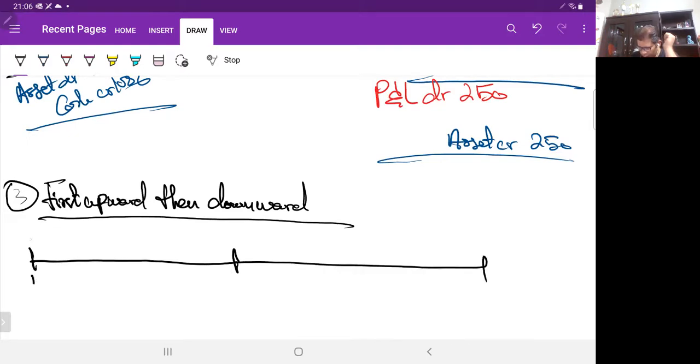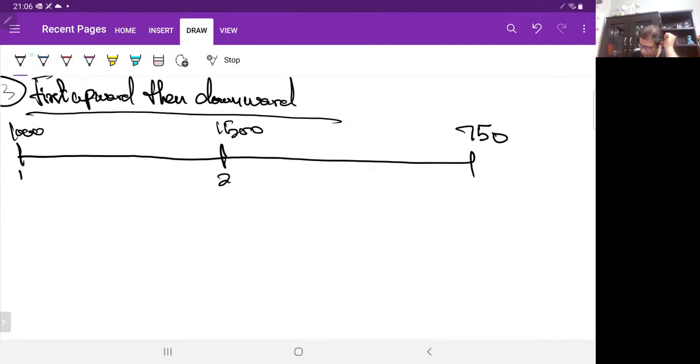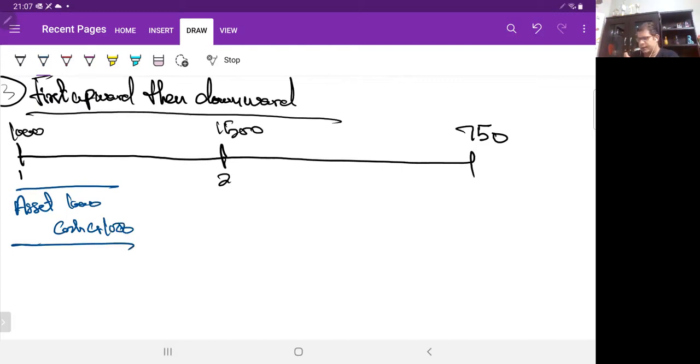Year one, 1,000, year two, it goes up to 1,500, and then it goes down to 750. So simply, the first entry is very similar to the first. We are doing asset debit 1,000, cash credit 1,000. Then asset goes up.